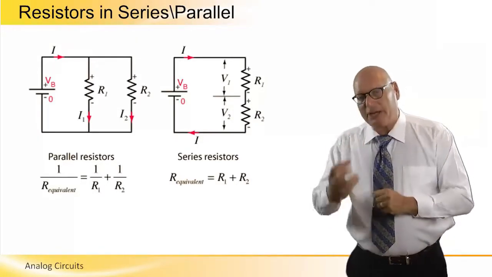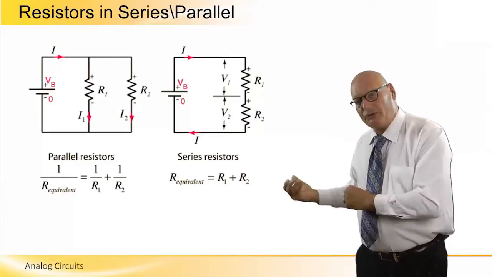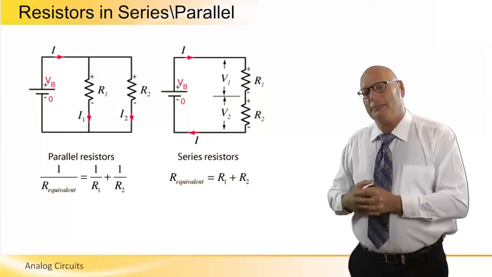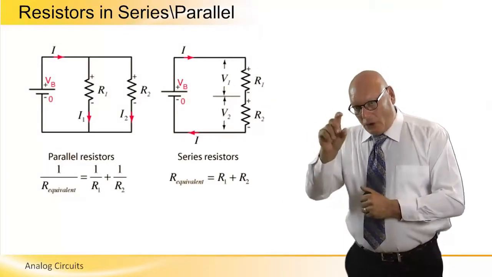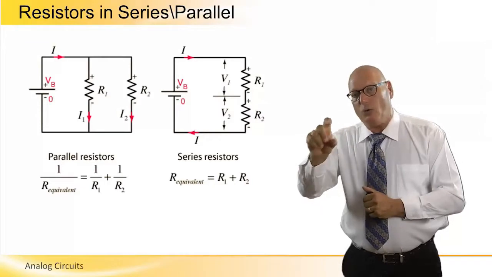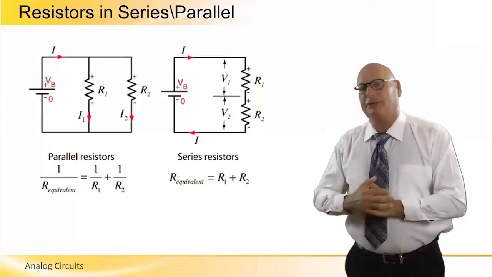So the equivalent resistance of R1 and R2 in the case of serial connection is the summation. It's R1 plus R2.